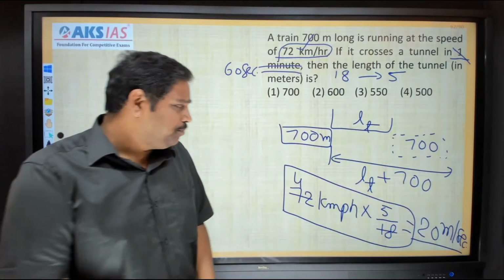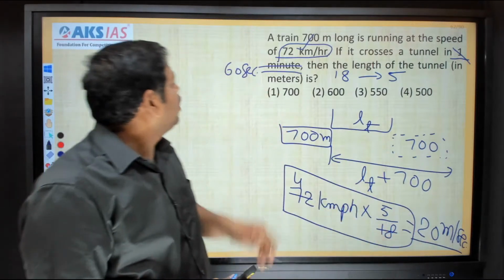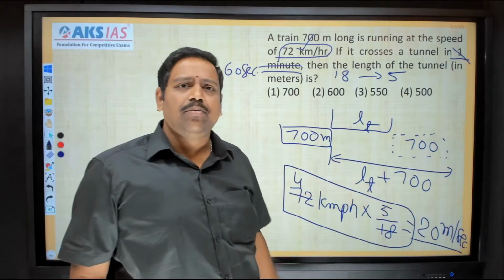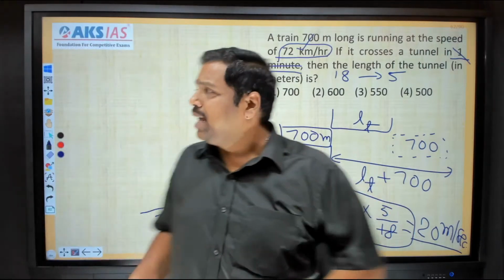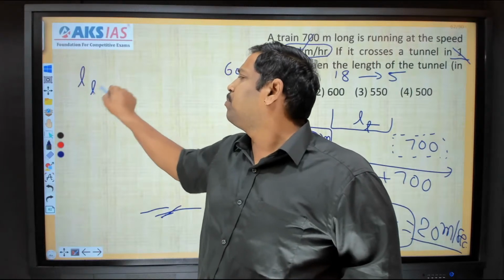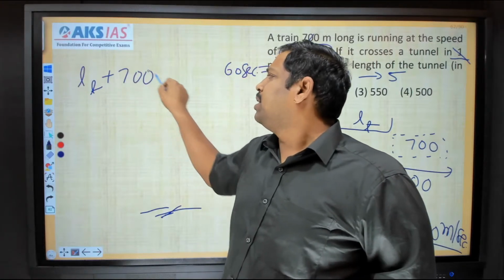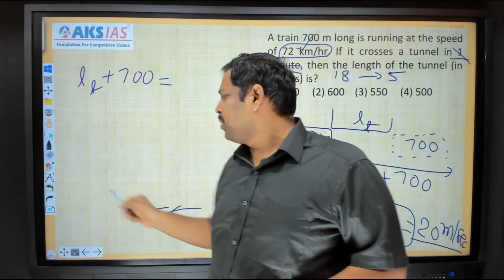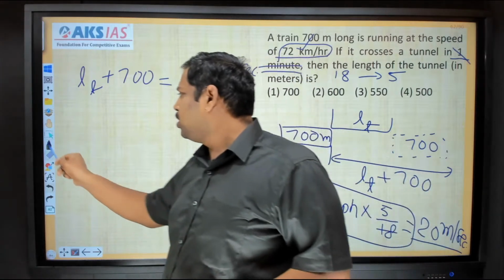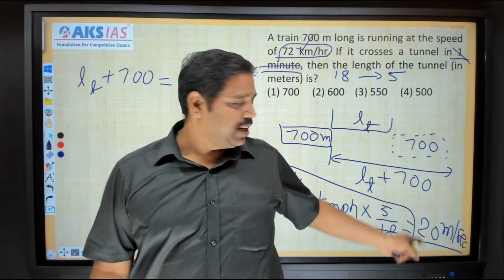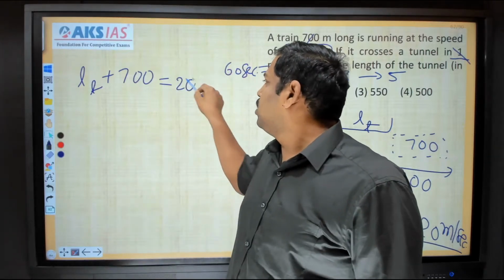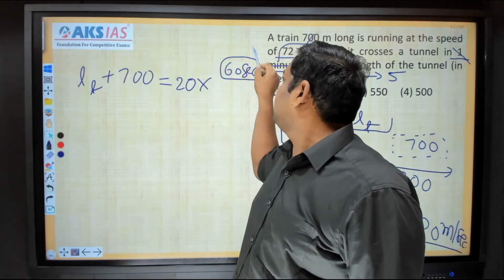Anyhow, I know the speed, I know the time, and he is asking about the length. So the distance traveled is nothing but LT plus 700. Distance traveled means speed into time, right? What is the speed? Just now we calculated 20 meters per second. Speed 20 into time. I said that 1 minute means 60 seconds.